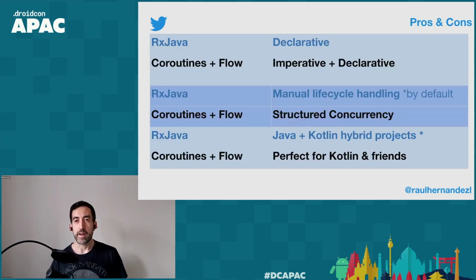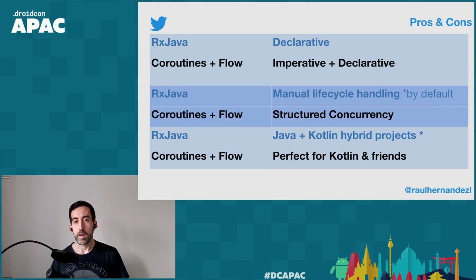RxJava, declarative. Coroutines and Flow. Coroutines is imperative code generally because when we use, let's say, suspend functions, we write in a sequential order, and then with Flow we put the flow builder, and then again it's imperative code. But then when we are collecting things, we actually use declarative code. So we need to have a few things in mind when we are developing.